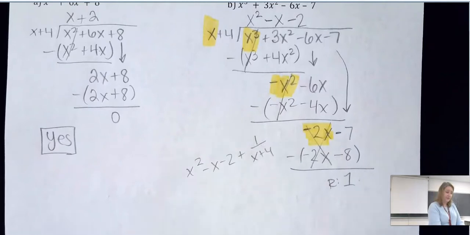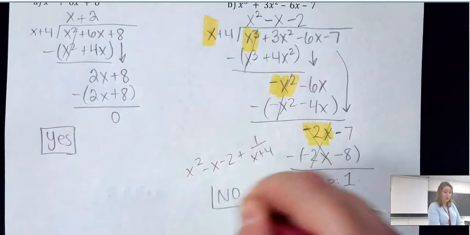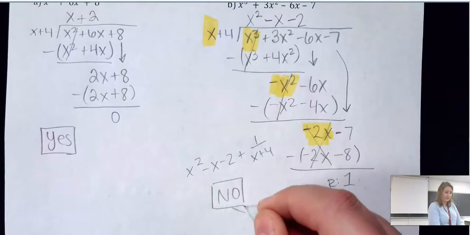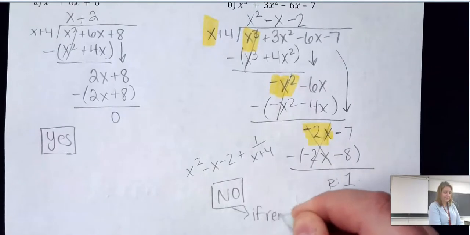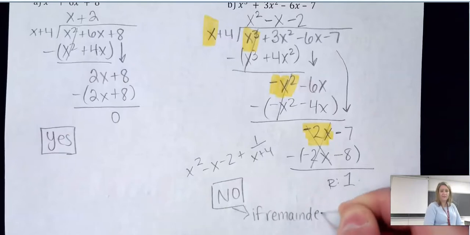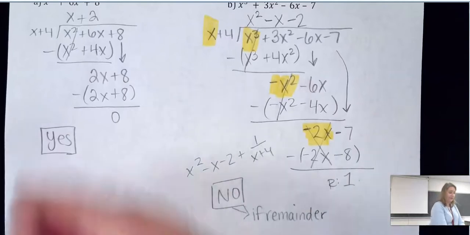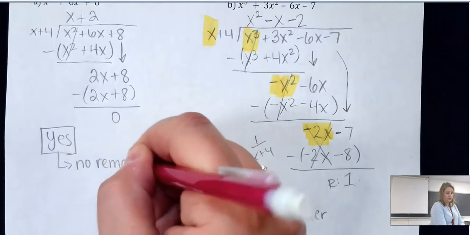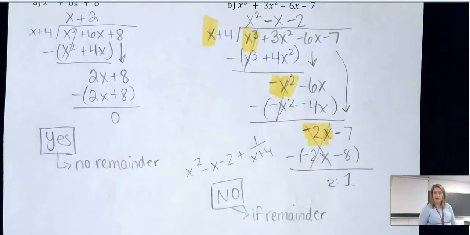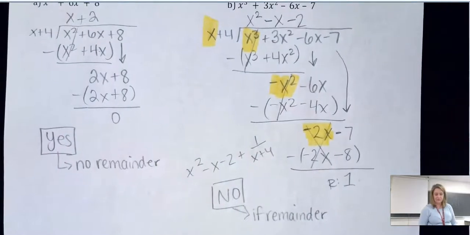Ultimately, my answer to this question is no, it's not a factor. If there's any remainder, it's not a factor, because a factor divides in evenly. If you have no remainder, like we did on the previous question, then our answer would be yes, because that is a factor.